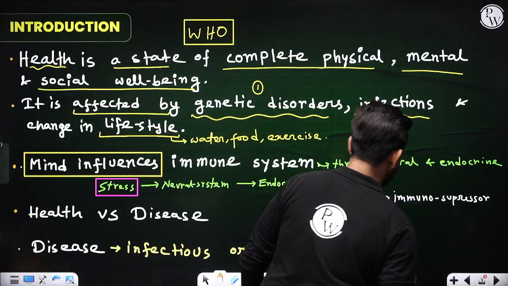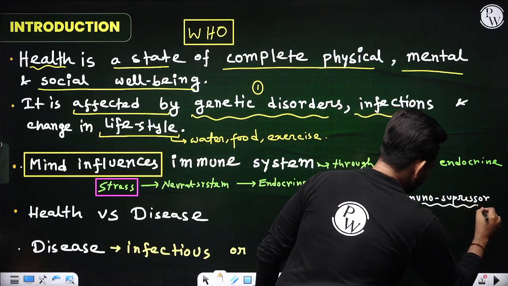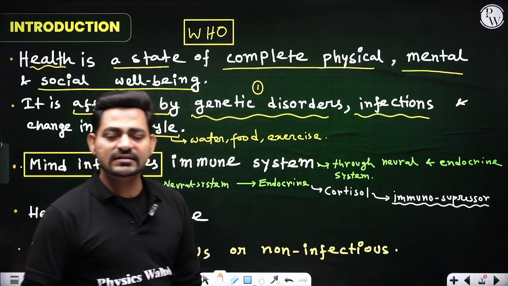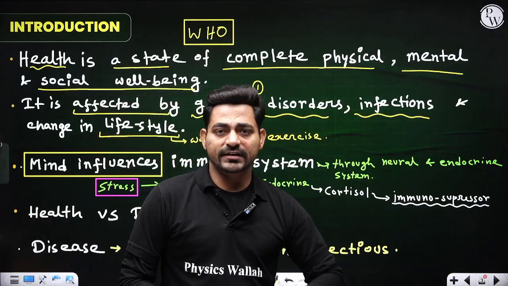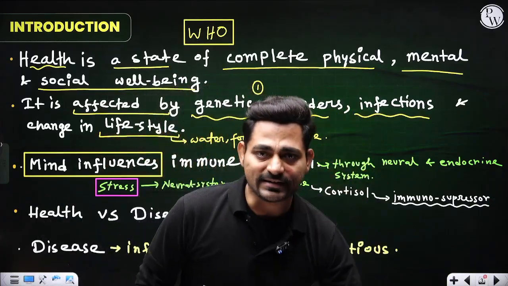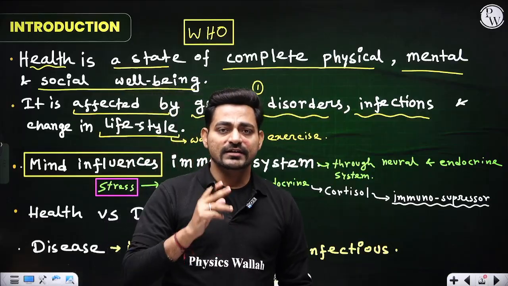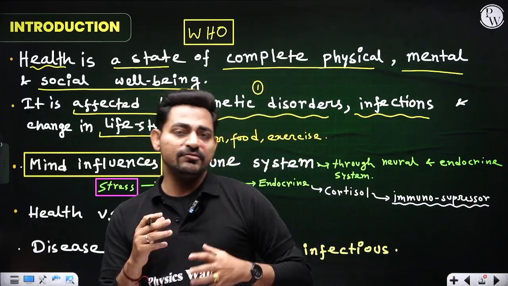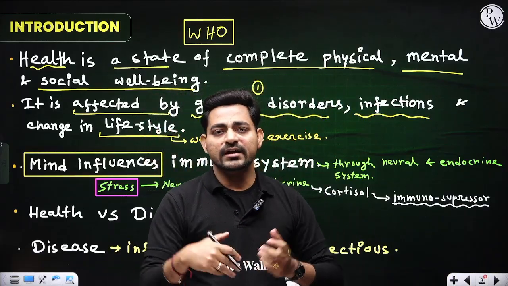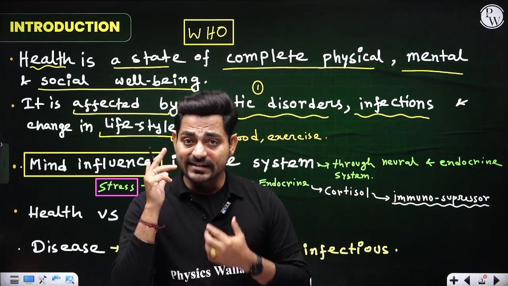Cortisol will act as an immunosuppressor, and when your immunity is suppressed by overproduction of cortisol, automatically your health will deteriorate. That's why it is said that negative thoughts, stress or tension will lead to immunity failure, ultimately disease.